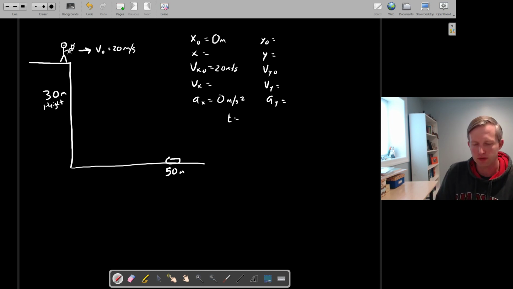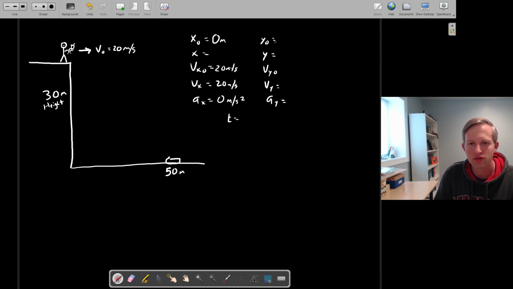So if I have 0 meters per second squared of x acceleration, that means that my final x velocity should also be 20 meters per second, meaning that when the raccoon does reach the safety pillow, or hopefully he reaches it, he'll still have an x velocity of 20 meters per second horizontally, which is good. It'll give him a good running start as he goes off to enjoy the raccoon sanctuary.